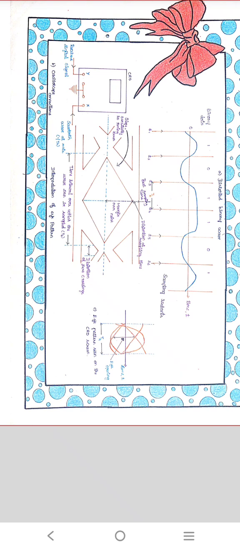Next one is information obtained from the eye pattern. The width of the eye opening defines the timing interval over which the received signal can be sampled without error due to ISI. The best time for sampling is when the eye is widest open.